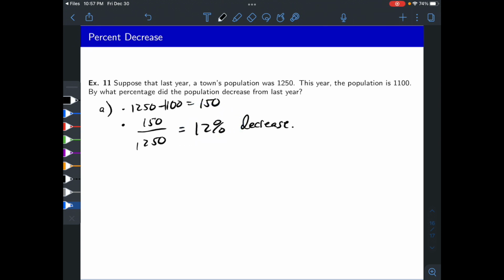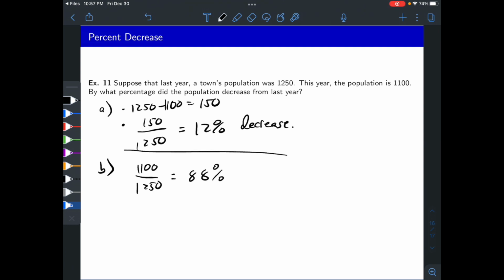Okay, here's the other way that we could do it. We could just figure out what 1100 is as a fraction out of 1250. So we're always figuring out what it's a fraction out of, whatever the original population was. And the calculator would tell you that this is equal to 88%.